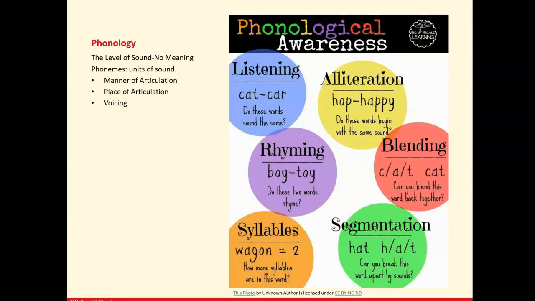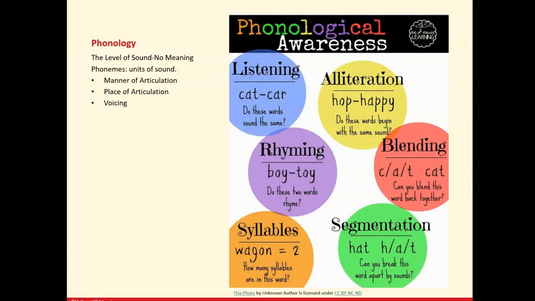Voicing refers to the vocal folds that are in your throat, in your larynx. When those vocal folds are halfway closed, the air coming through your larynx causes those folds to vibrate. That's called voicing. When those folds are all the way open, there's no vibration, and so that's called voiceless.